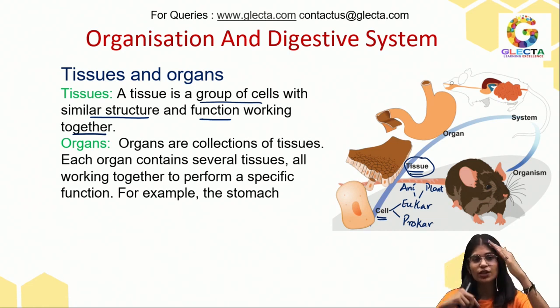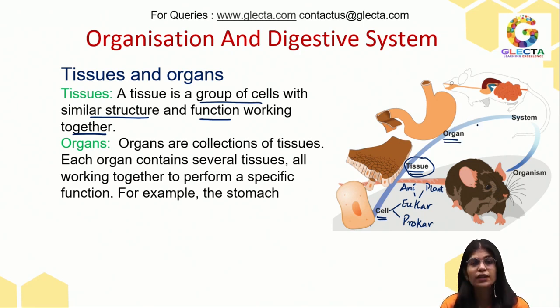What if we take these different kinds of tissues, clump them together and form a structure out of it? When you clump different kinds of tissues together, you form an organ. This organ has different kinds of tissues, but all of them work together to do the same thing.